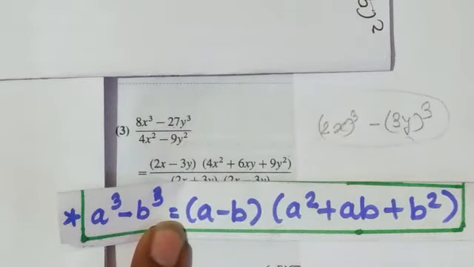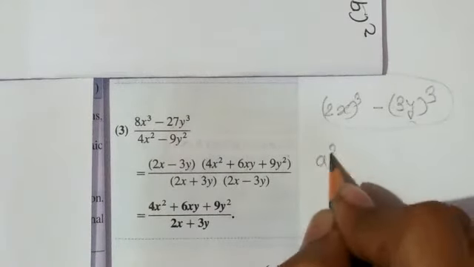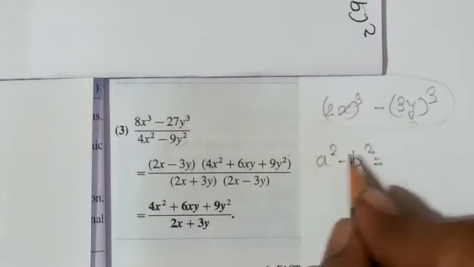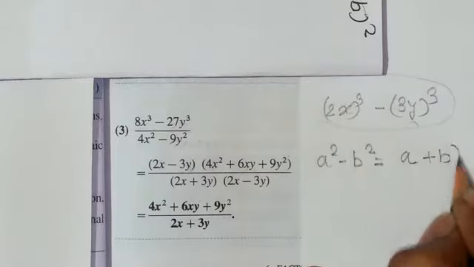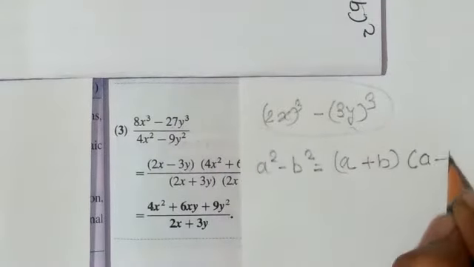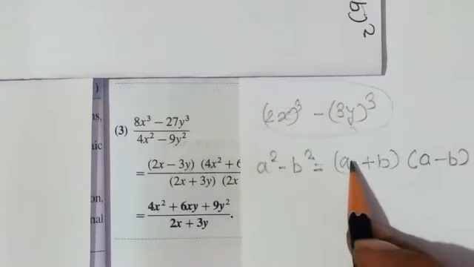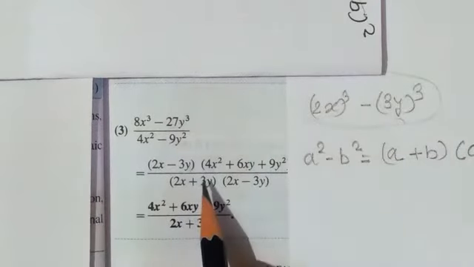Whenever the square is individually given, you can remember this formula, that is a plus b in one bracket and a minus b in another bracket. Can you remember this formula? So this is what we are using here.